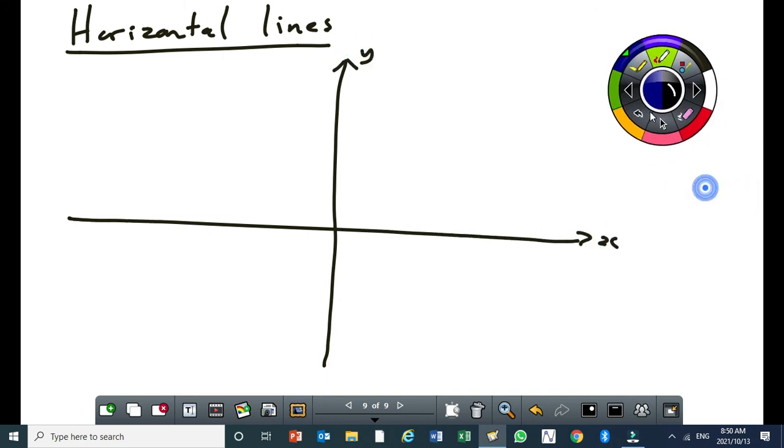First, before we go anywhere, you need to know that the x-axis has an equation, and the equation is y equal to 0. Okay?